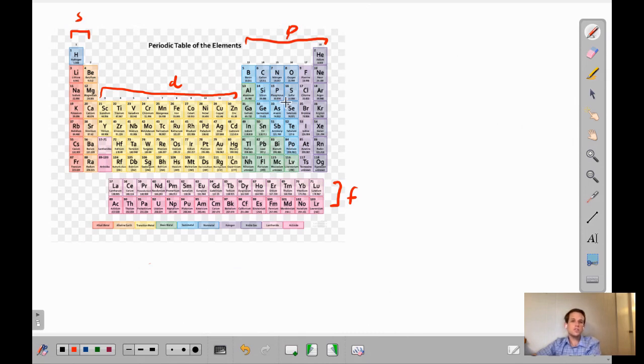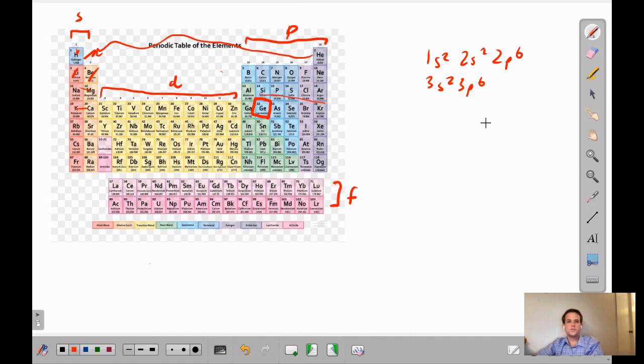So now if we want to know, hey, what's the electron configuration of germanium? We can see it has 1, 2 in the s orbital. Helium's an exception, it should be kind of over here. And then the next s orbital has 1, 2. So we would have 1s2 and then 2s2. And then 2p6, 3s2 going across, 3p6, 4s2.